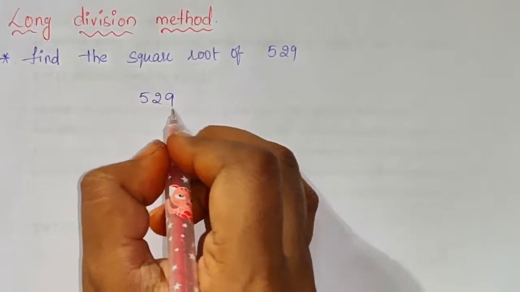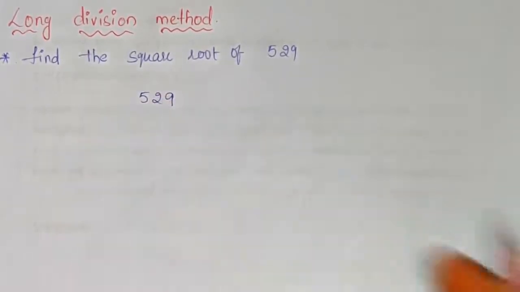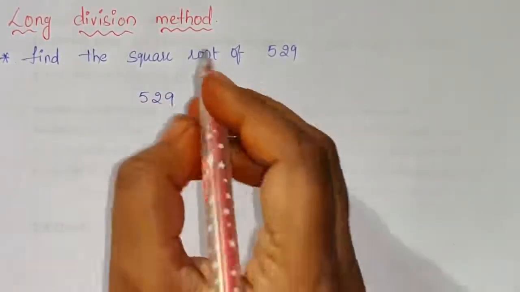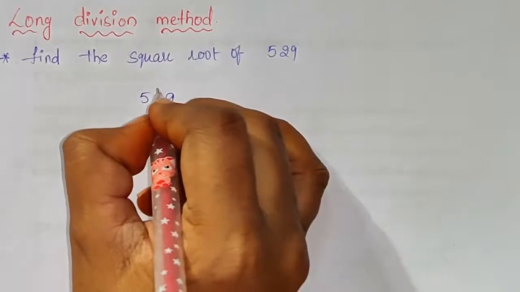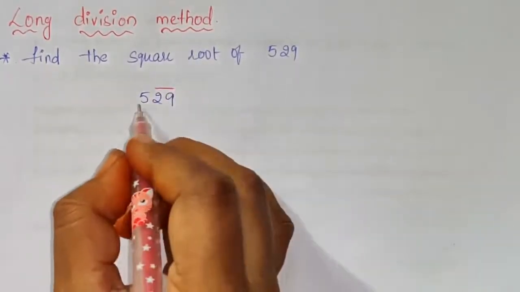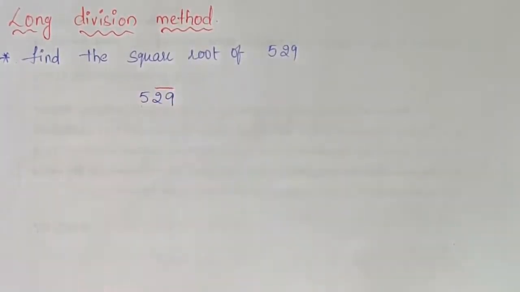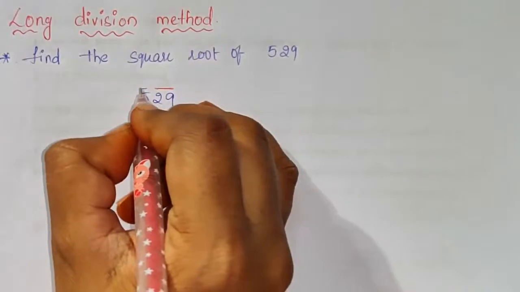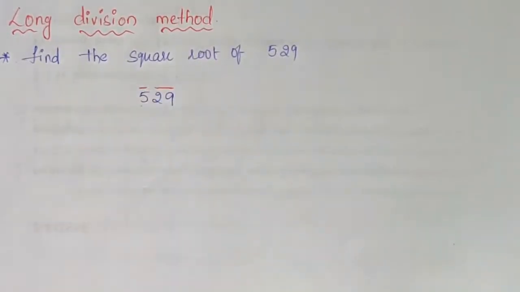Take the pair from the right side. So I am putting the bar over 29 and the remaining number is only 5. If another number were there, like 1 or 2, you could take another pair, but here the remaining is only 5. Okay, this is the first step.